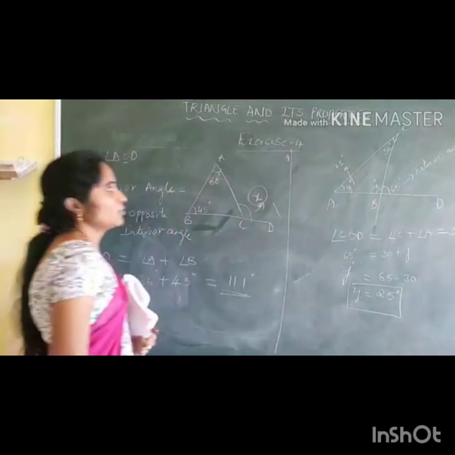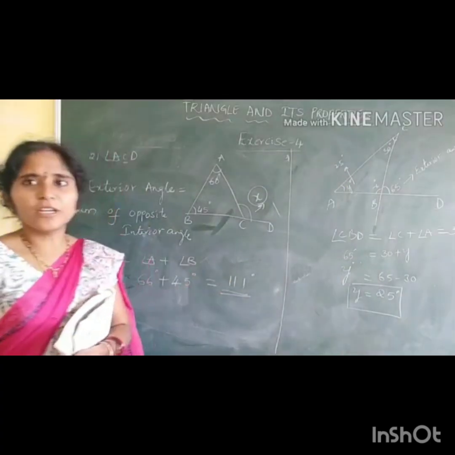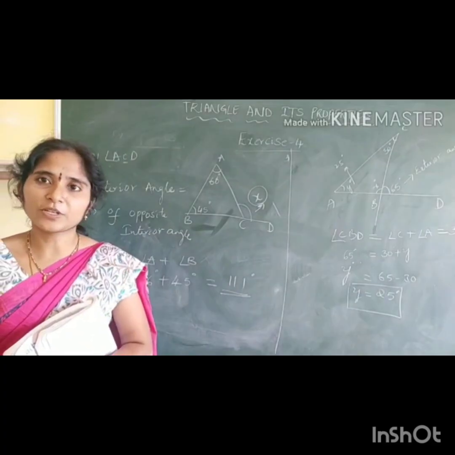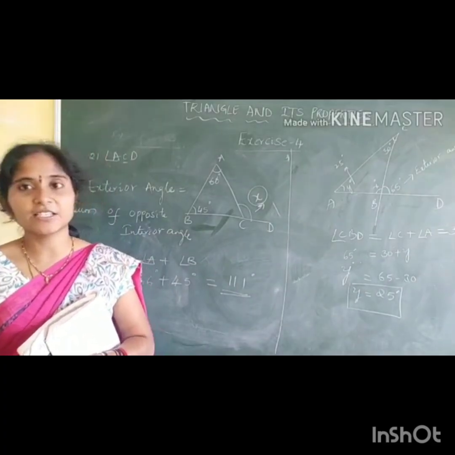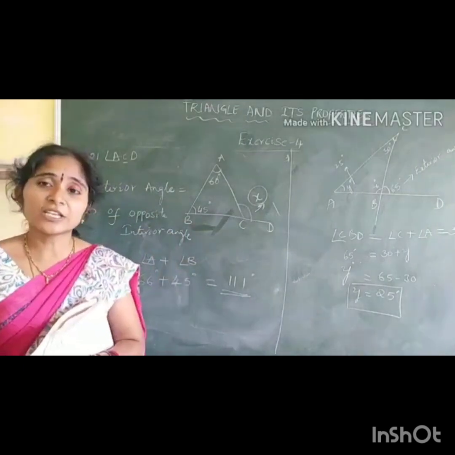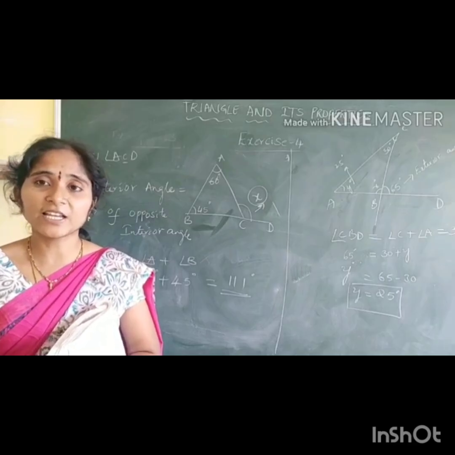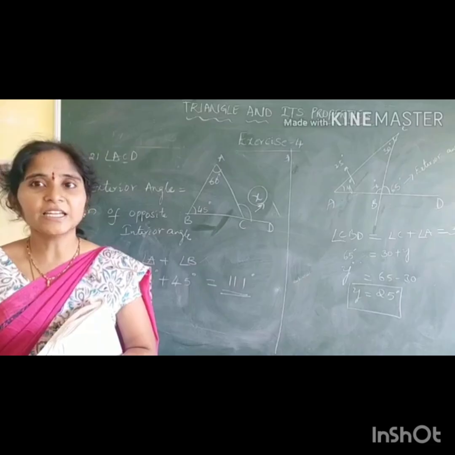Still we have to find x. Two cases are there to find x. As you know, angle sum property of a triangle: the sum of all interior angles of a triangle is 180 degrees. Using that condition, you can find the x value. Otherwise, using the linear pair condition, if the sum of two adjacent angles equals 180 degrees, then those two angles form a linear pair.